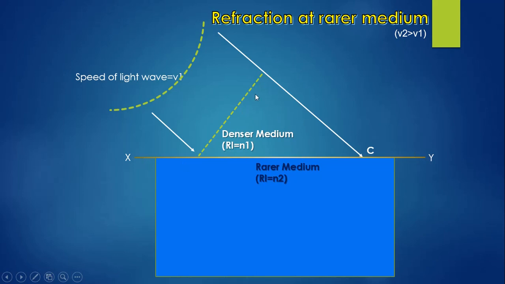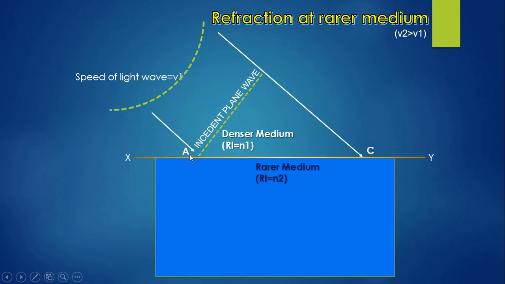Because of this angle, its one end touches the XY interface first, and its other end is away from the XY interface by a certain distance. This is called the incident plane wave. It has one end that has already touched the XY interface.